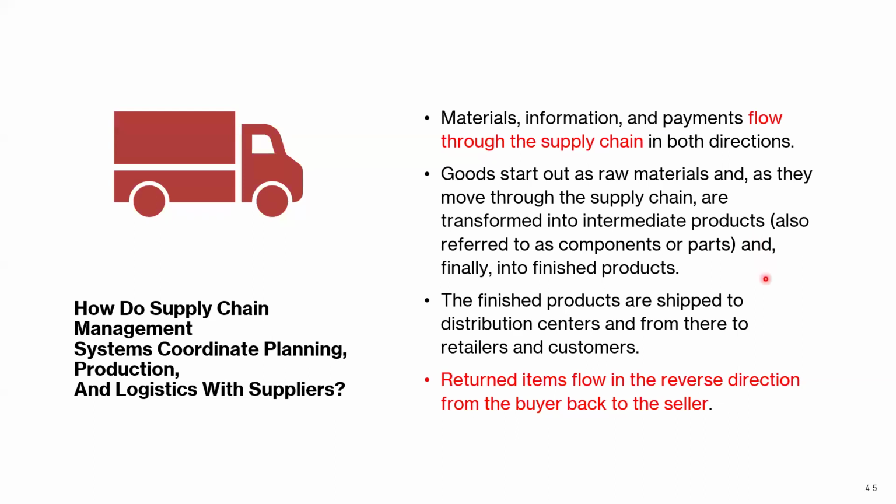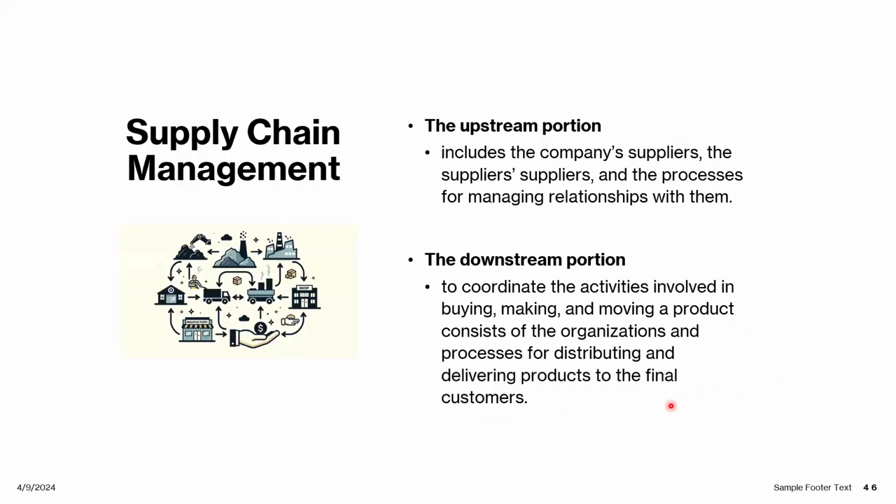So they are very important. So return items flow in the reverse direction from the buyer, consumer, back to the seller, right? So the seller will be able to do something. It will discard, or it will recycle, something like this, which is called a reverse supply chain system.